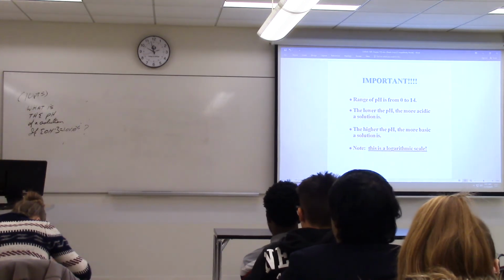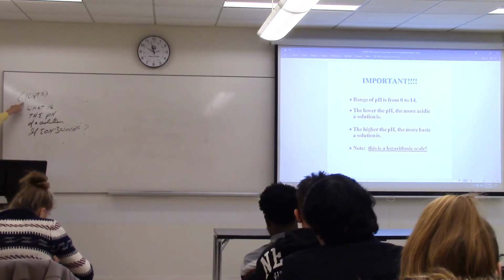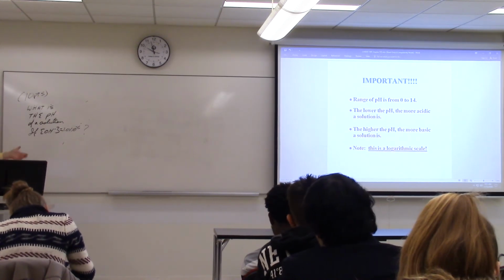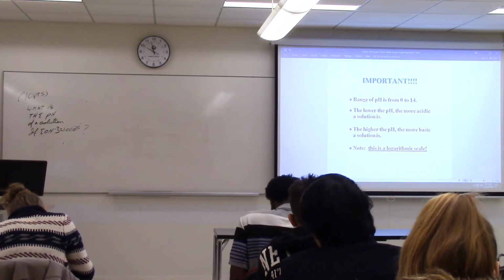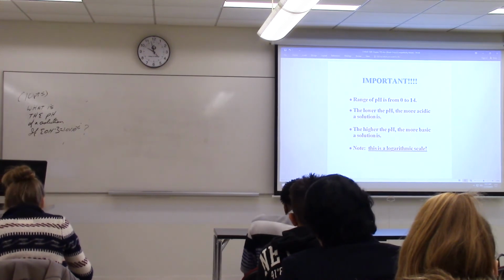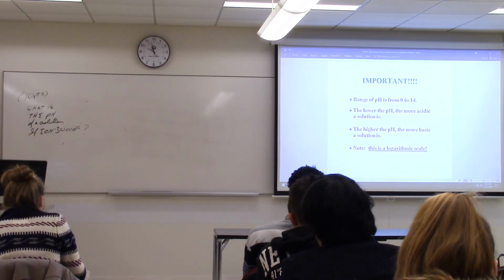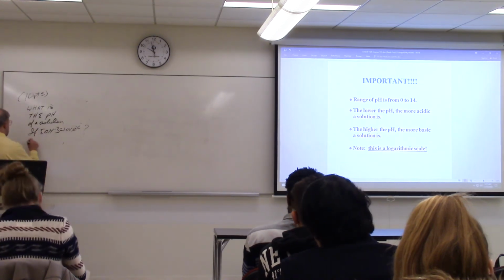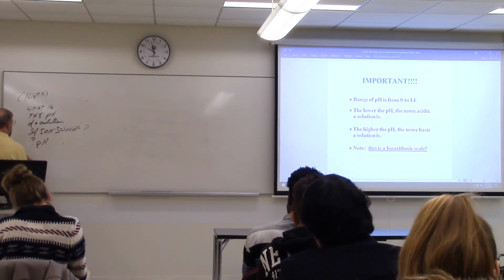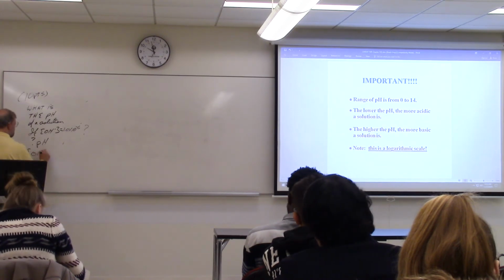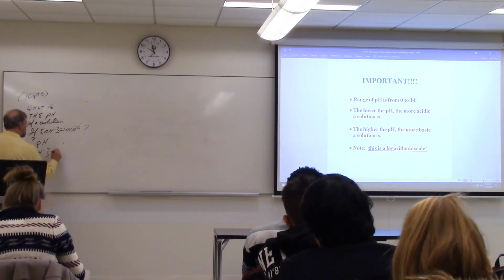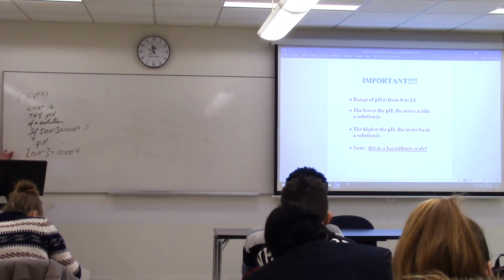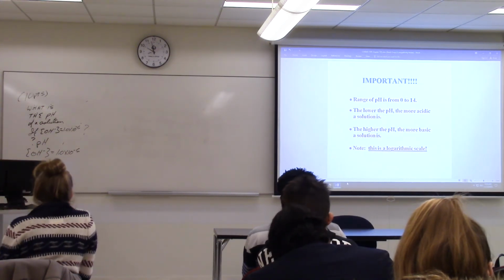And let's look at the following hint. What is the pH of a solution if the hydroxide ion concentration is 1.0 times 10 to the minus 6? Good question. So what are we trying to find? pH. What are we given? The hydroxide ion concentration is that.